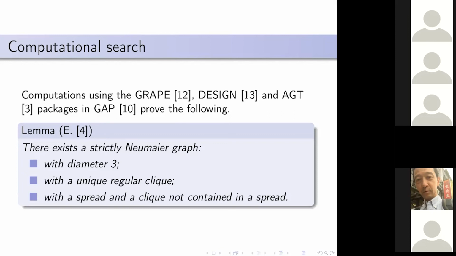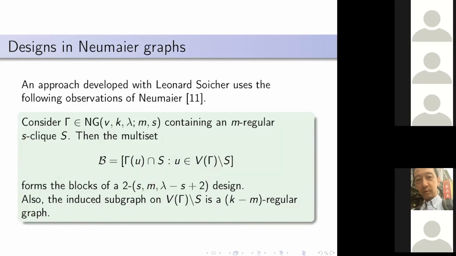So let me just go over the general idea of our approach. It relies on observations of Neumaier. So given a Neumaier graph containing an M regular S clique, each vertex outside of the clique, by definition, is adjacent to a set of M vertices inside of the clique.